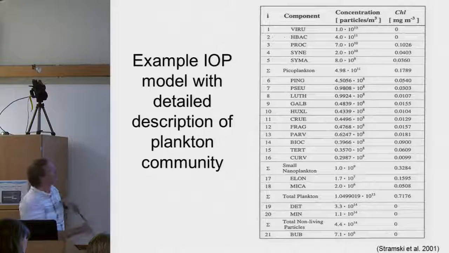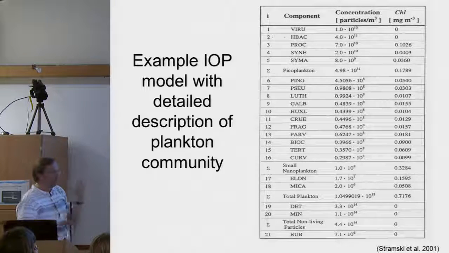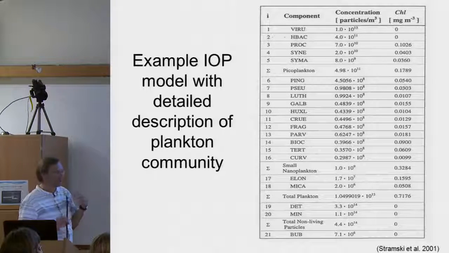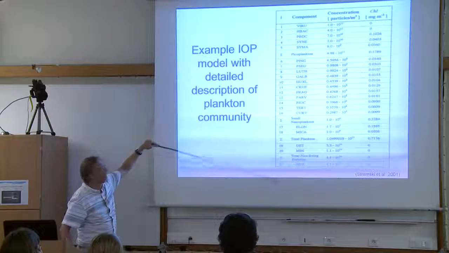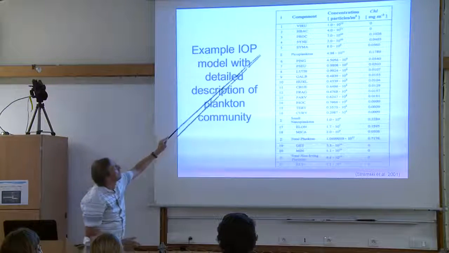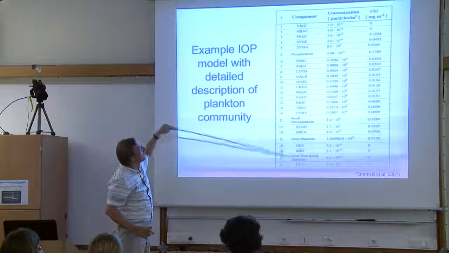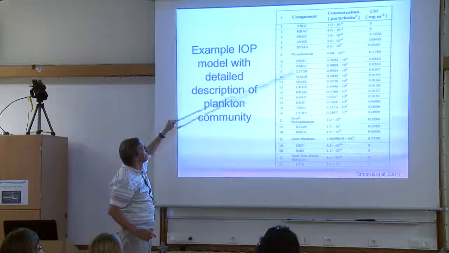And I will show you one example model, the forward model, of how you do it if you have information about optical properties of individual particles. And this is based on the database that I showed before, 18 species of plankton. So let's say we know the optical cross-sections, absorption, scattering cross-section, and things like that for each and every group.